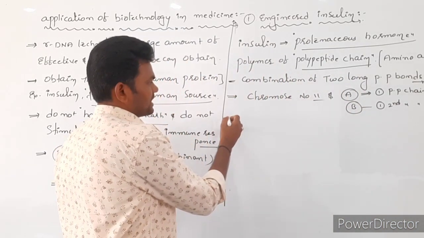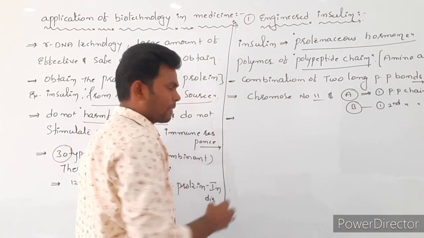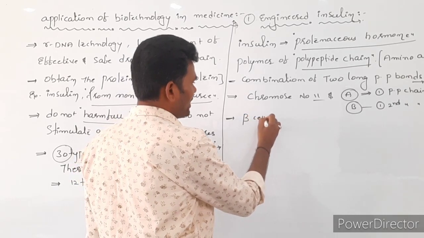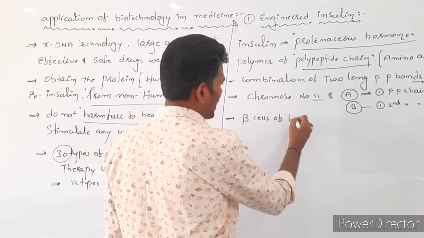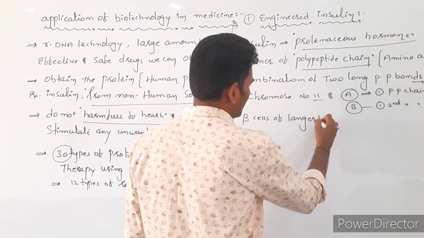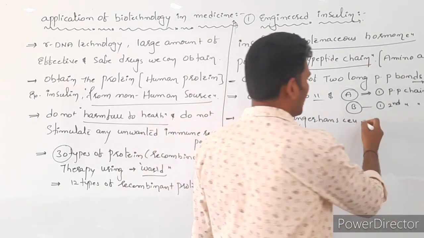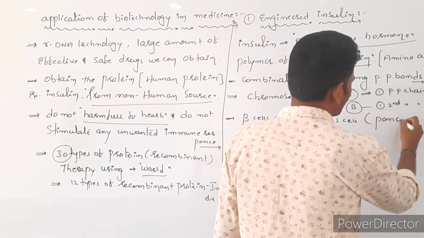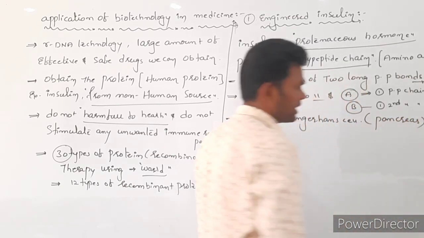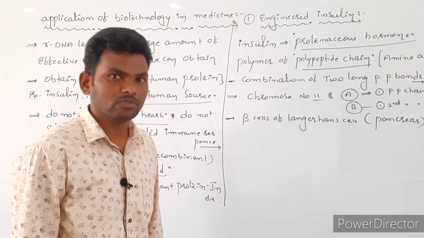And which cells secrete the insulin? Beta cells of the islets of Langerhans, nothing but the pancreas, which secretes the insulin.